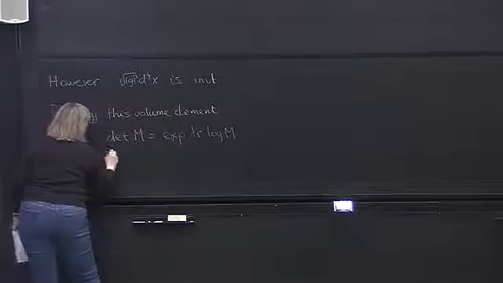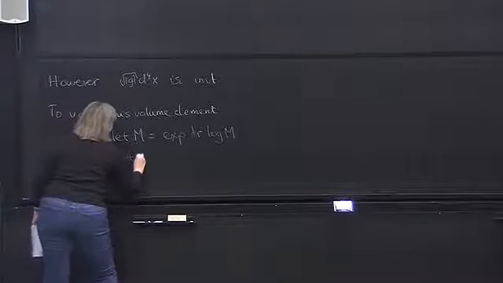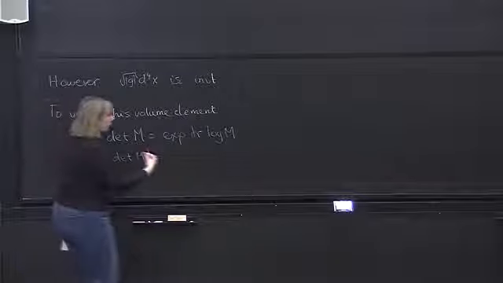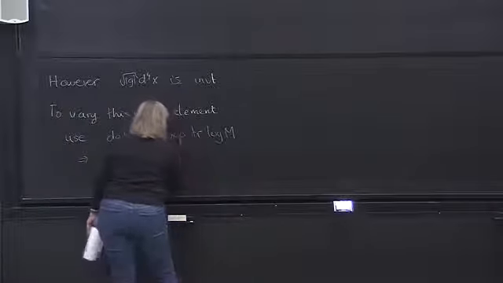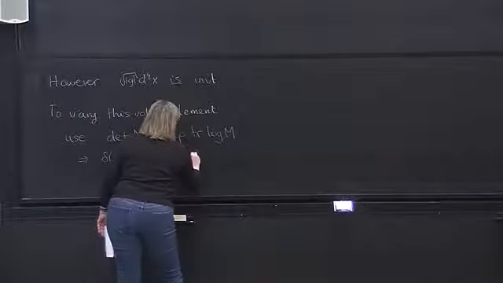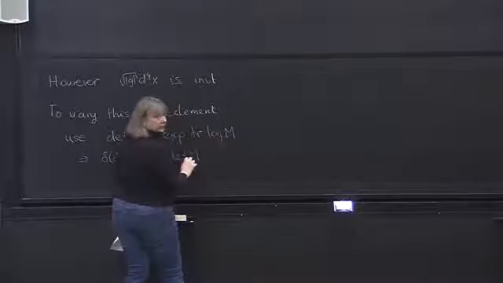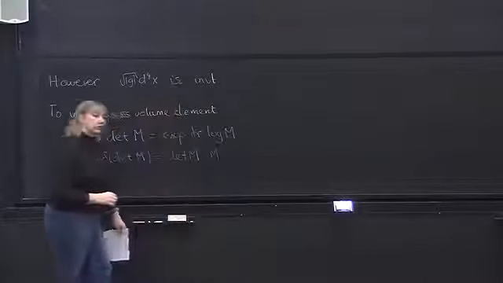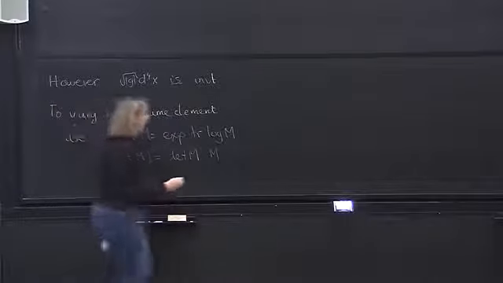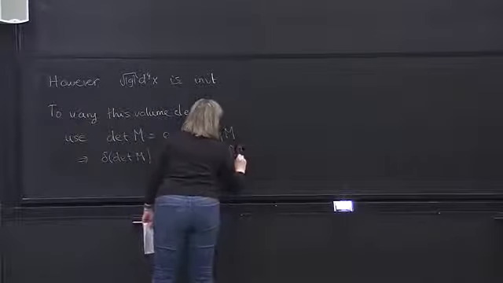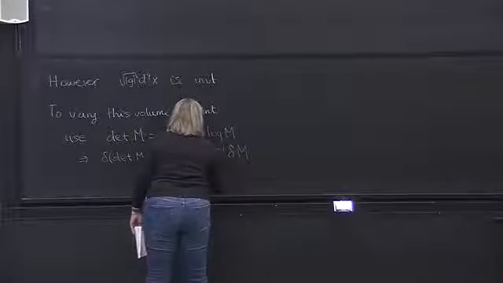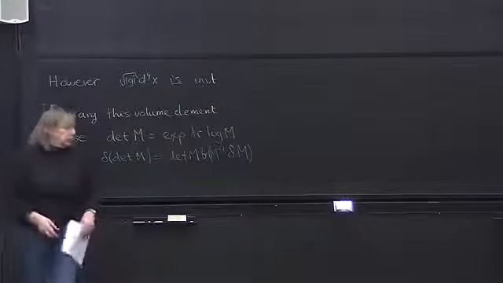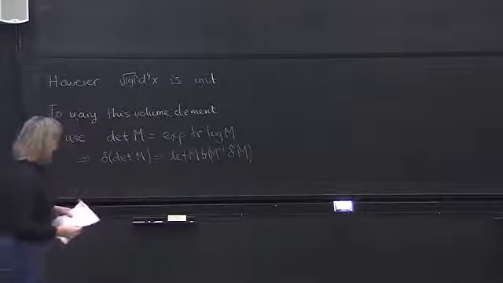So delta of det M, well, delta of e^x gives you e^x times delta of whatever it's exponentiating. So we get a det M. And delta of trace log M, well, delta log M is just usually 1 over M delta M. So in this case, here's our M inverse delta M, but we have to put a trace in there because the trace is in the original expression.